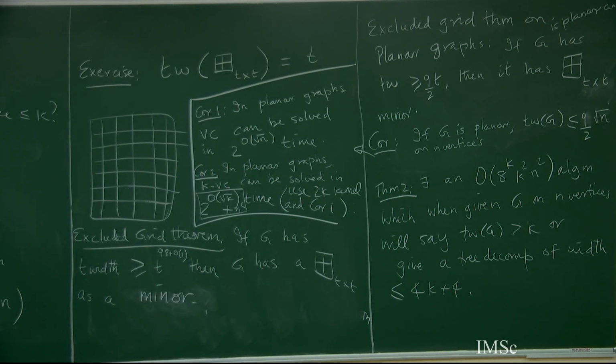But if I want to do this for feedback vertex set, I don't get such a nice algorithm. I don't get a sub exponential algorithm if I just use the same thing that I did. Let's see why, and then I need to do something else to get that. Okay.